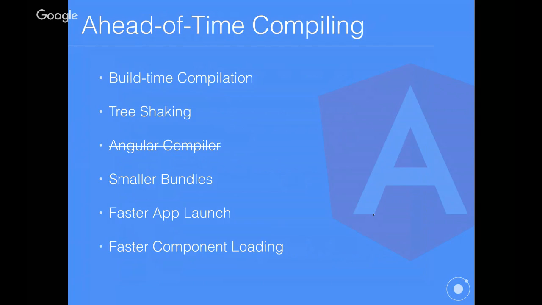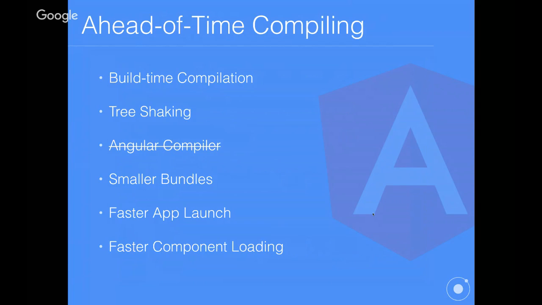Tree shaking traverses the dependency tree, and using static code analysis, it figures out all of the code that's never being called in our app and removes it from the bundle. So this has very big implications for bundle sizes. As an example, the Angular team has told us that they've gotten their simple Hello World app down to as small as 28K. So that's pretty significant.